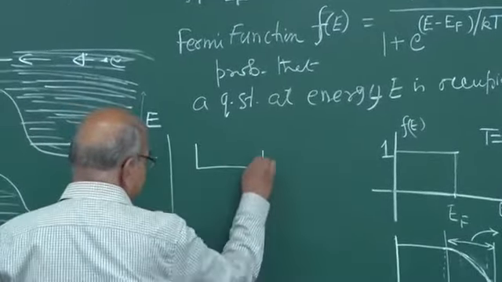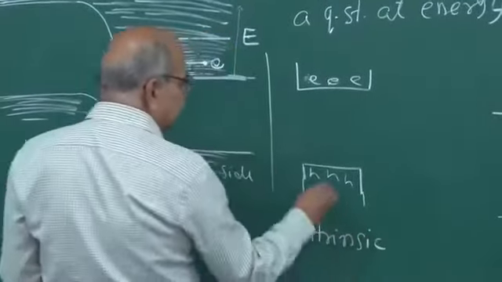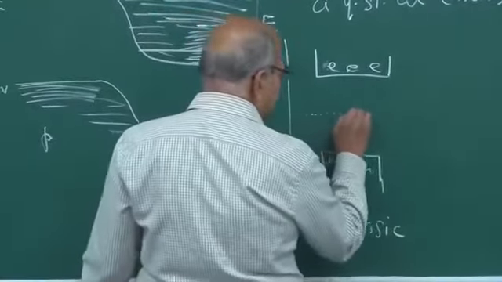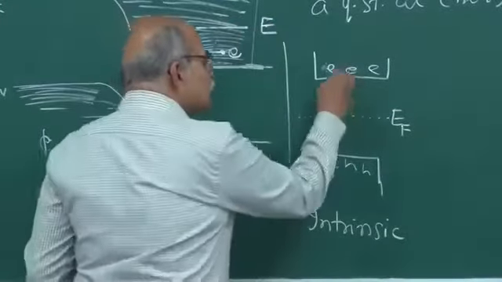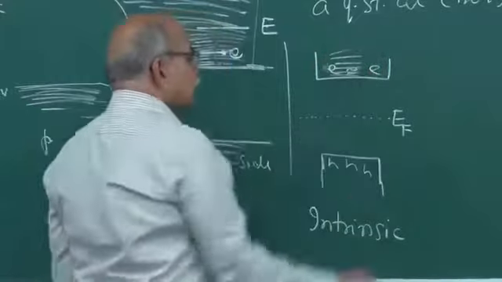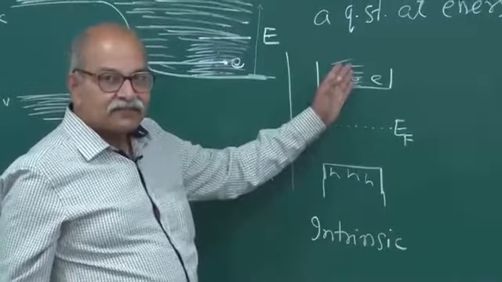Where is the Fermi energy? This is intrinsic, so the Fermi energy is almost at the middle. This is EF.